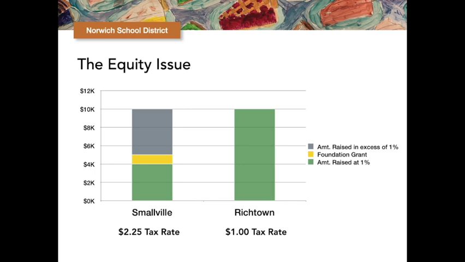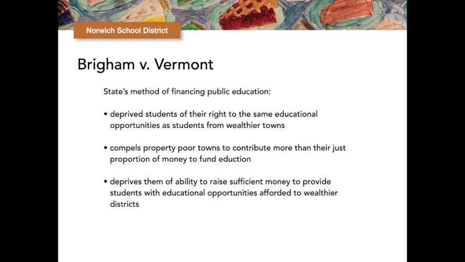In fact, if Smallville wants to spend the same amount per pupil, they're going to need to raise an additional $5,000, which is going to require a tax rate of $2.25. This, in large measure, is what led to the Vermont Supreme Court case of Brigham versus Vermont.